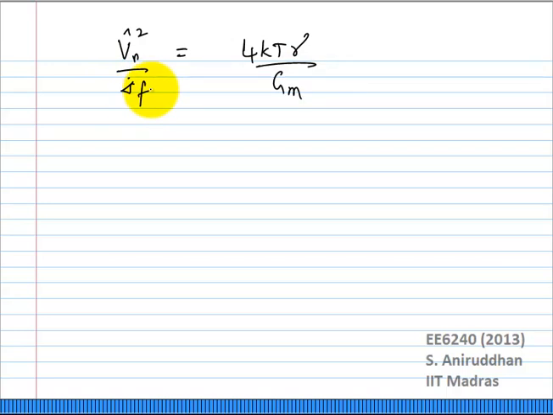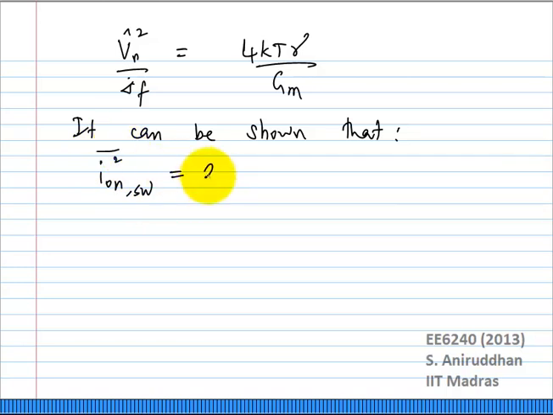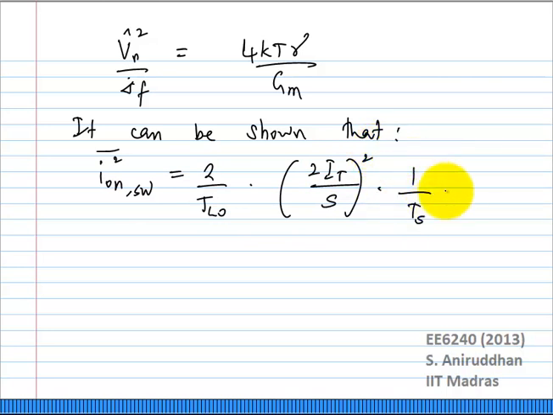And now I'll just say it can be shown that, because I don't want to go through the mathematics here, the output noise due to the switch, if you follow the procedure given in the paper, is 2 by T LO times 2IT by S squared times 1 by TS times Vn squared.